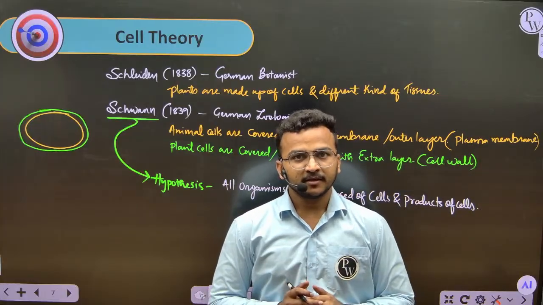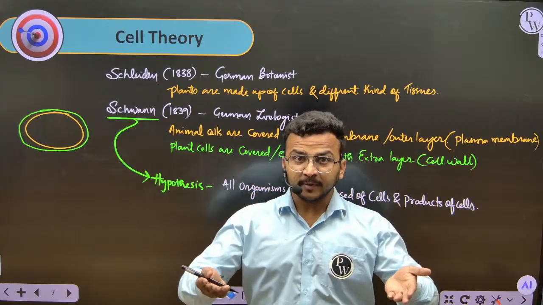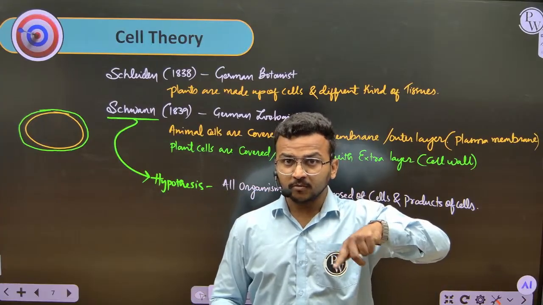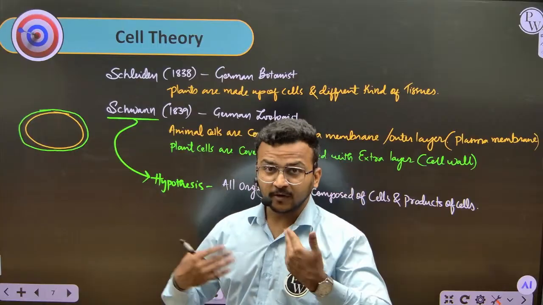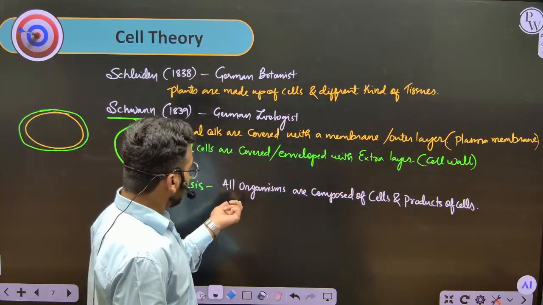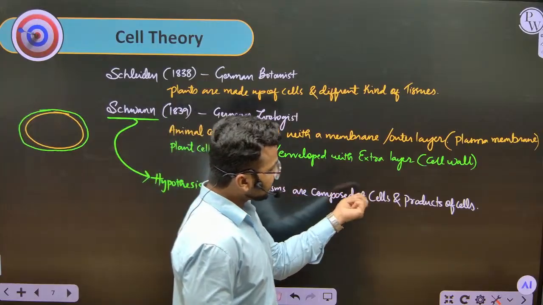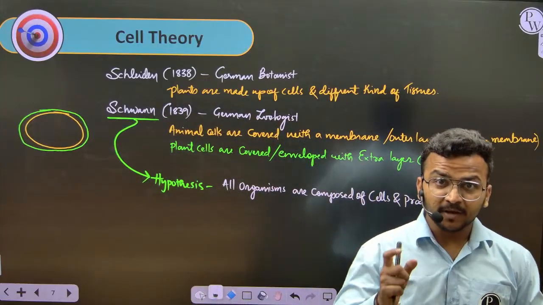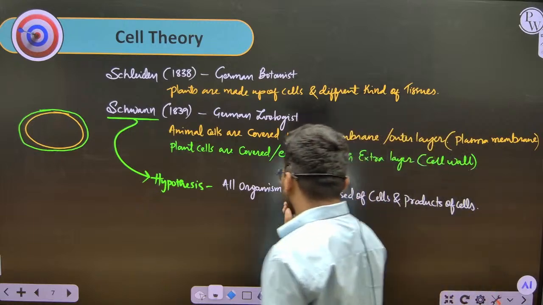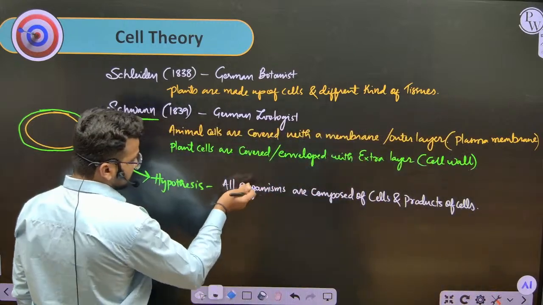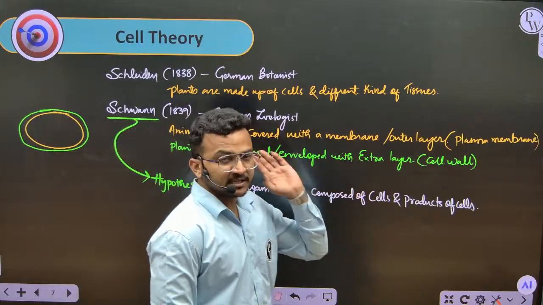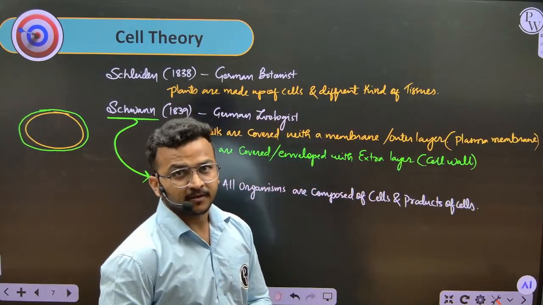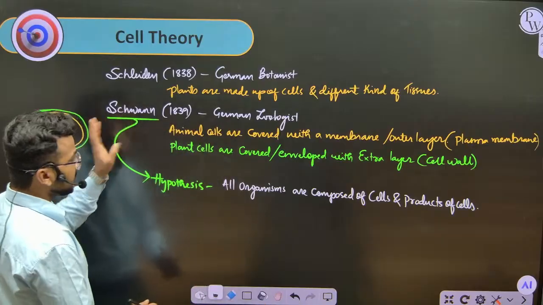I am making statements which are not proved or accepted by everyone. So here, all organisms are composed of cells and products of cells. All organisms includes plants and animals. This is a hypothesis given by Schwann.